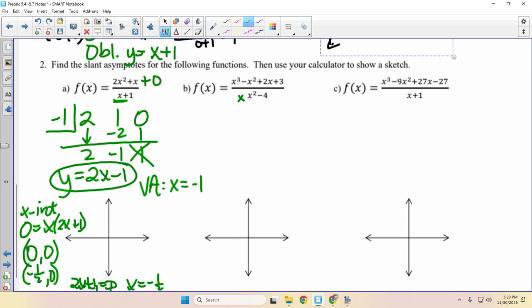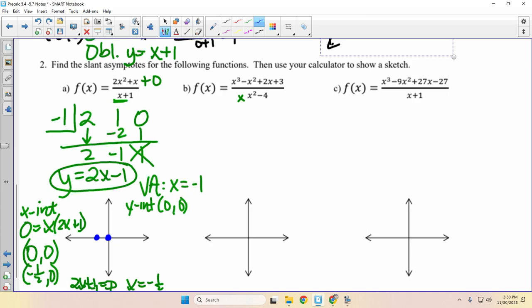Right, so I'm going to put our important numbers on. Let's put all these on. I'm going to switch colors so we can see a little bit better. So we have x-intercepts at 0, 0 and negative 1/2, 0.